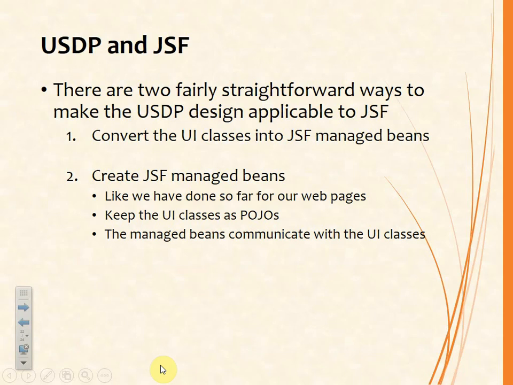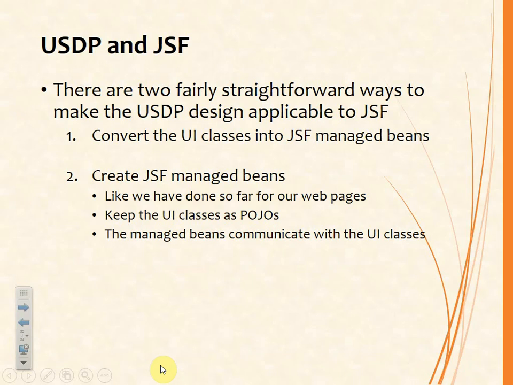But that means you're going to have to add in a whole load of other things like properties, the fields and the set and get methods. So in a way, you've kind of lost the purity of your original design because you've had to add in extra methods and variables to make the managed bean work with the views that you want it to work with.